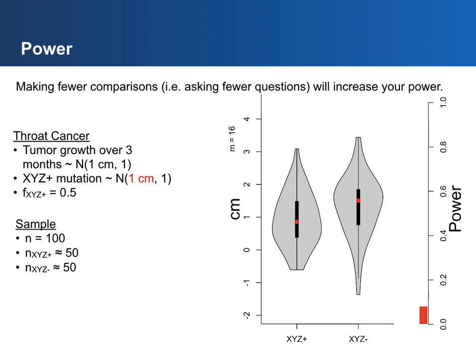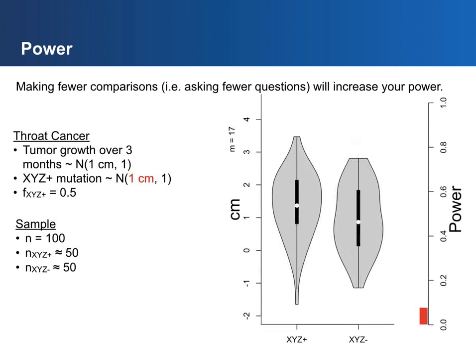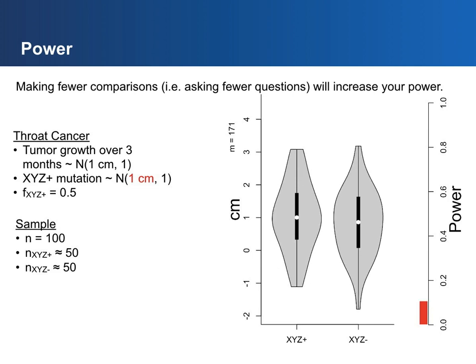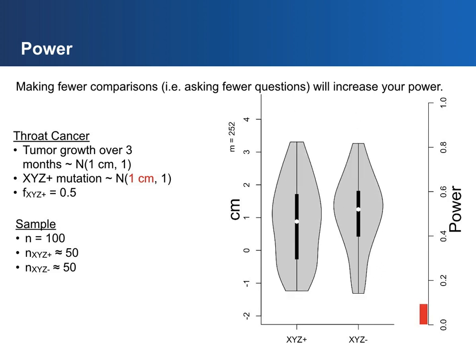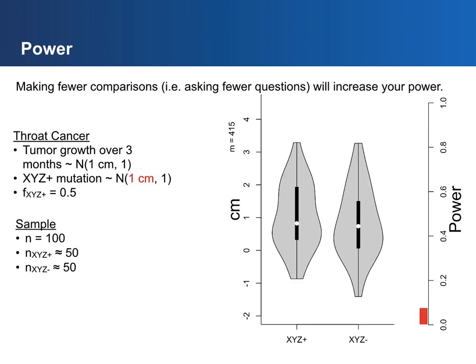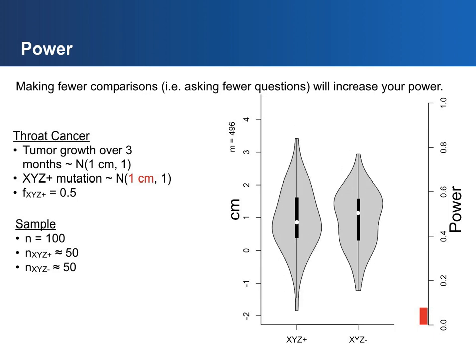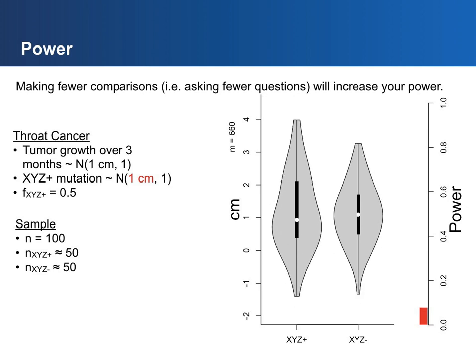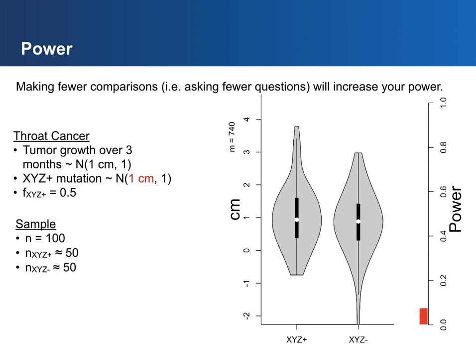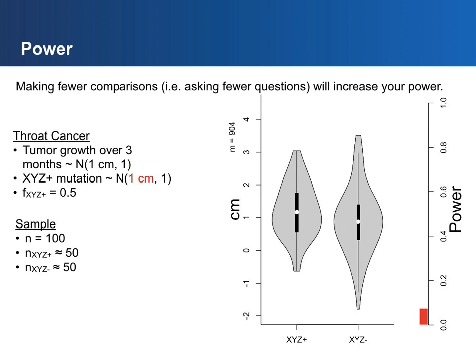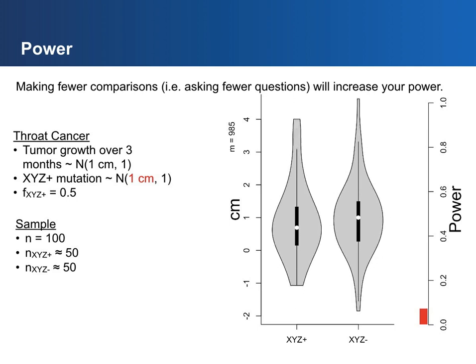And so we need to plan for them happening. If we do this for a long time, we can see that these happen about 5% of the time. That's because our p-value that we're using is 0.05. Now, if we are asking one question, we're making one comparison, then we can expect about 5% of the time that we will have a false positive result come out of our data if there's not really a difference between them.